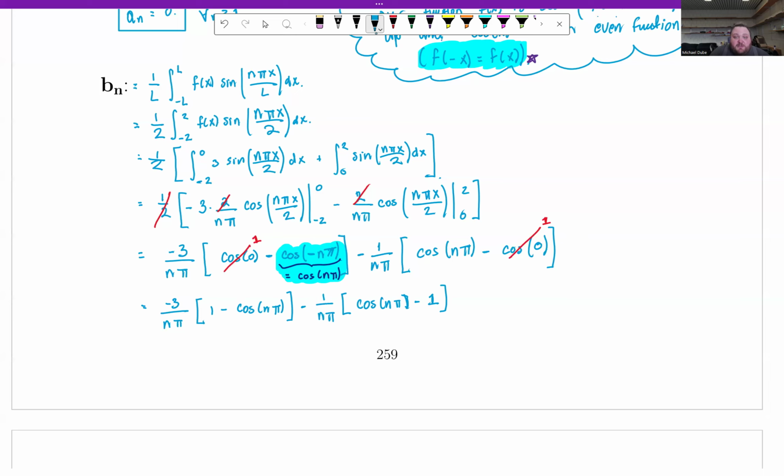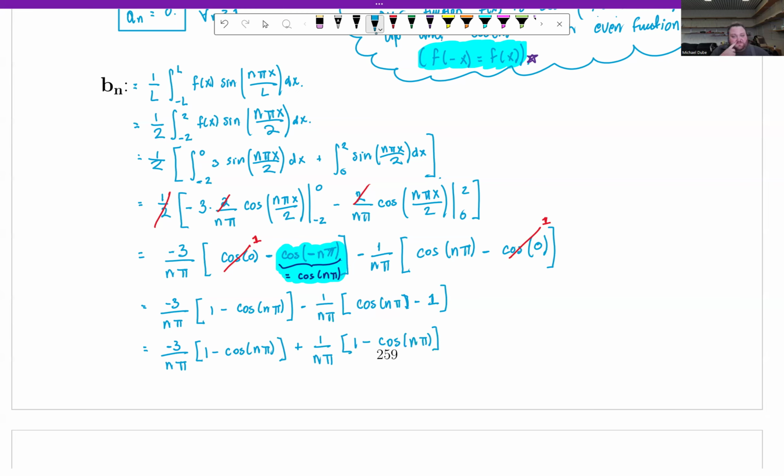So what we can do is factor out a negative 1 of the second brackets, and we'll get negative 3 over n pi, 1 minus cos of n pi, plus, factoring out a negative, 1 over n pi times 1 minus cos of n pi.